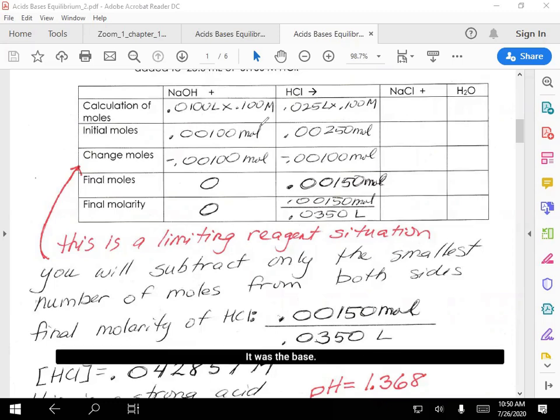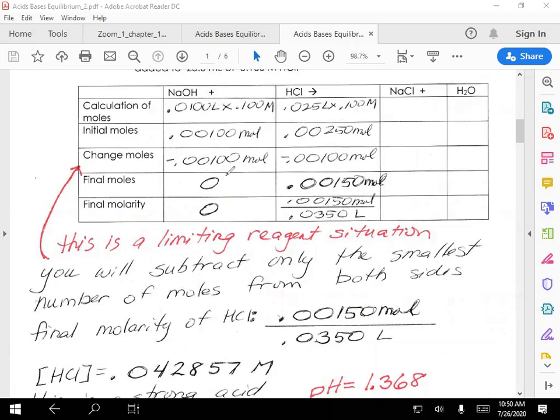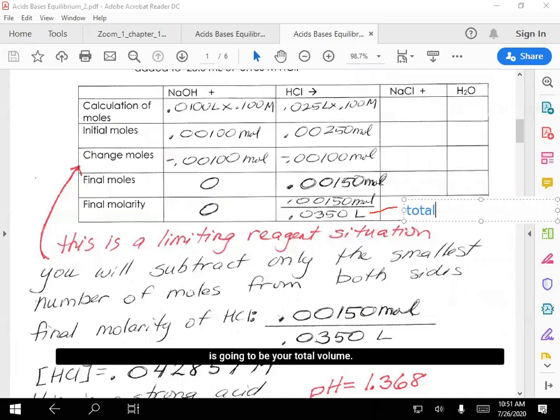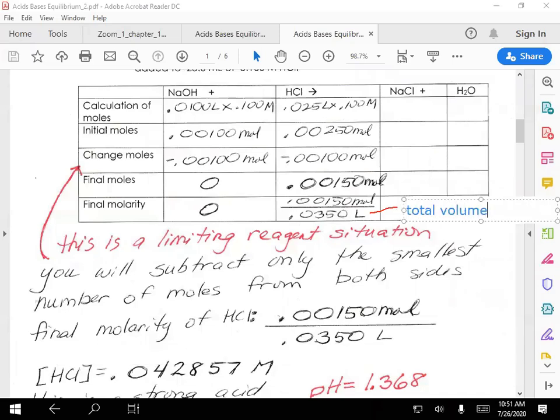In this case, it was the base. And then you would have the moles of just your acid. Remember always that this volume is additive. So remember that when you're calculating this, this volume is going to be your total volume.